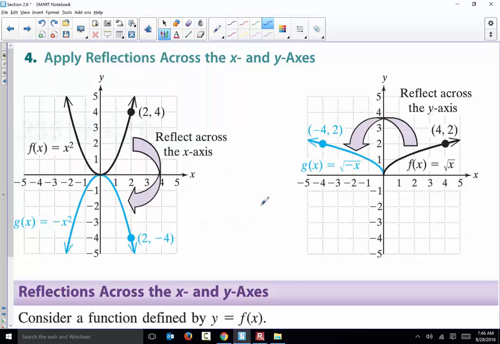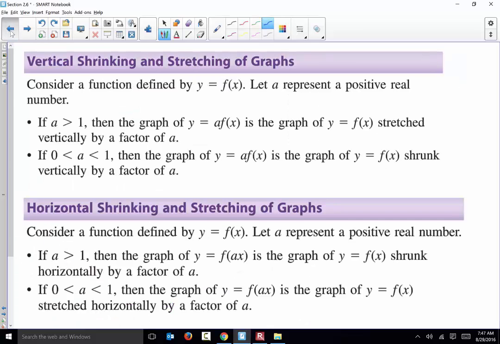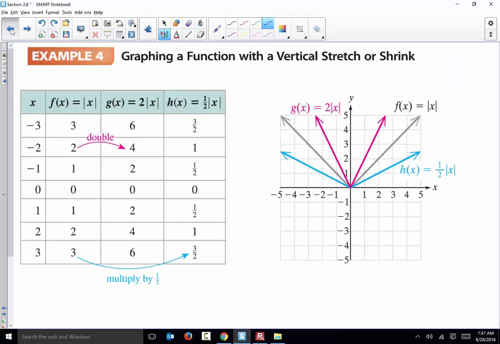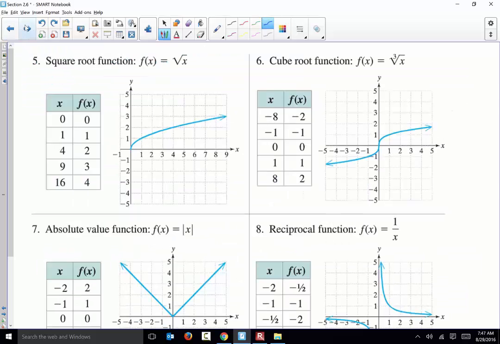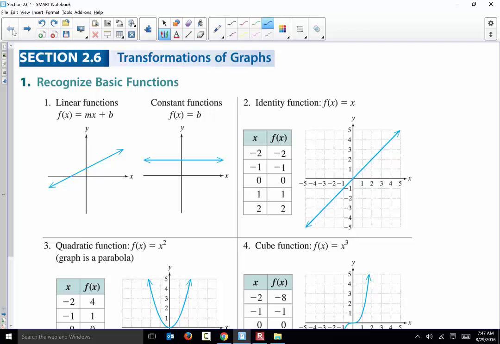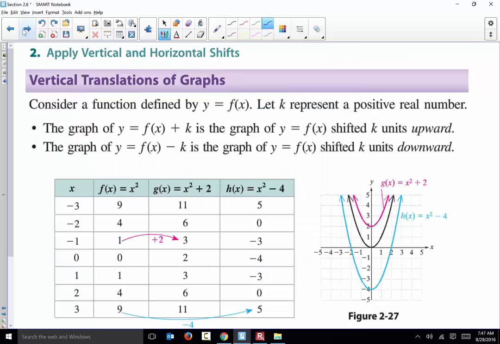Okay, today we are continuing with transformations of functions, but let's quickly review what we did on Friday. We learned 6 transformation methods. The first 4 were translations. You shift a graph of a function up, down, left, and right.